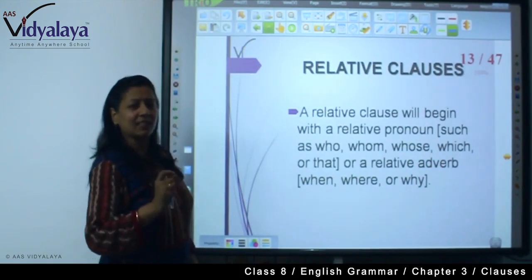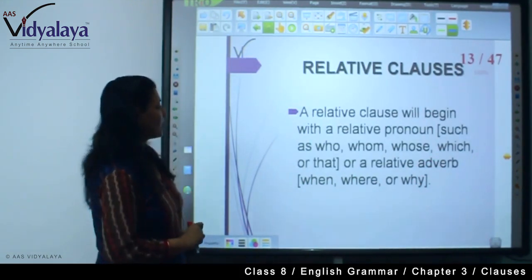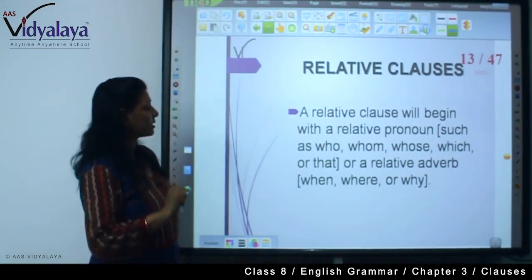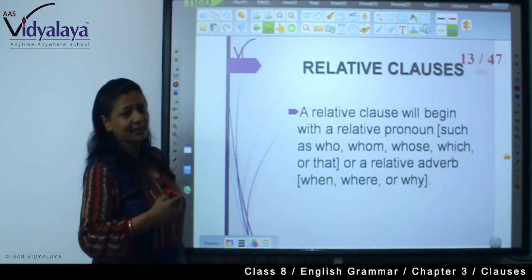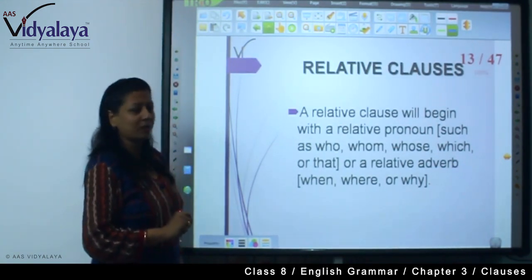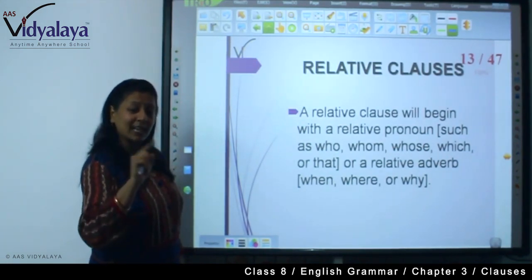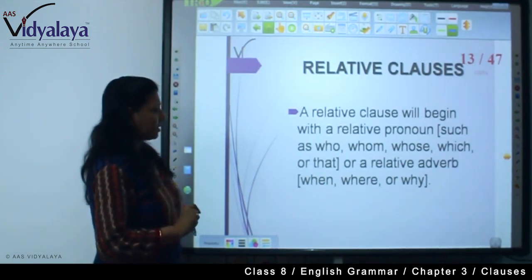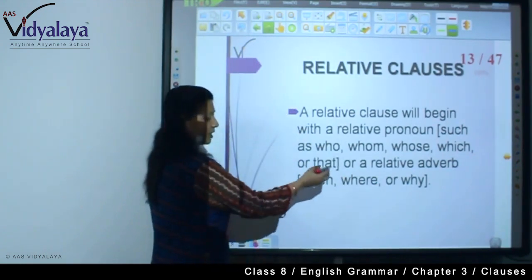Now there are many relative clauses also. As you have seen, we have written that a relative clause will begin with a relative pronoun such as who, whom, whose, which or that. You have seen the example of all this in a subordinate clause. That book that he has given me, right? Or a relative adverb when, where or why.